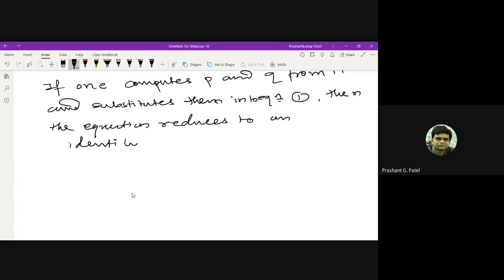Some quantity or some equation which is in terms of x and y will be there.